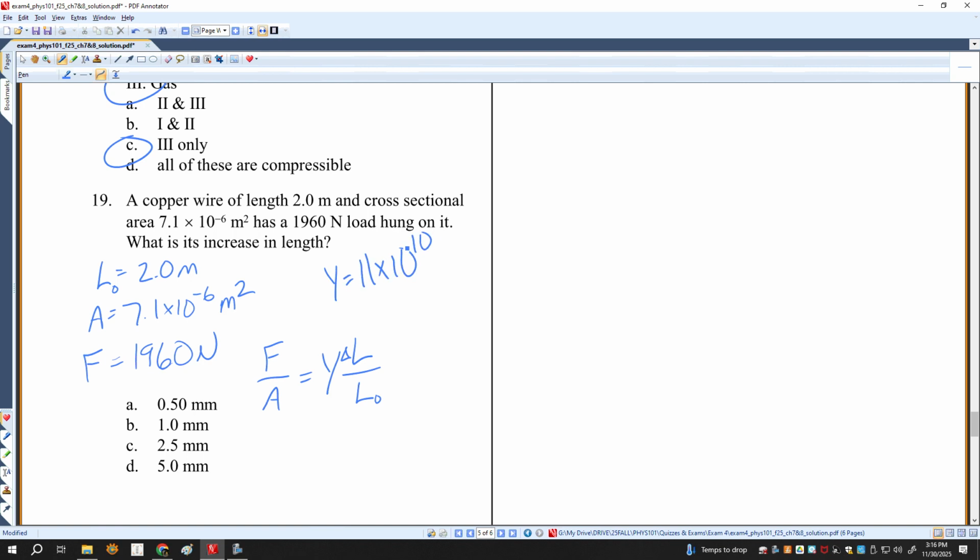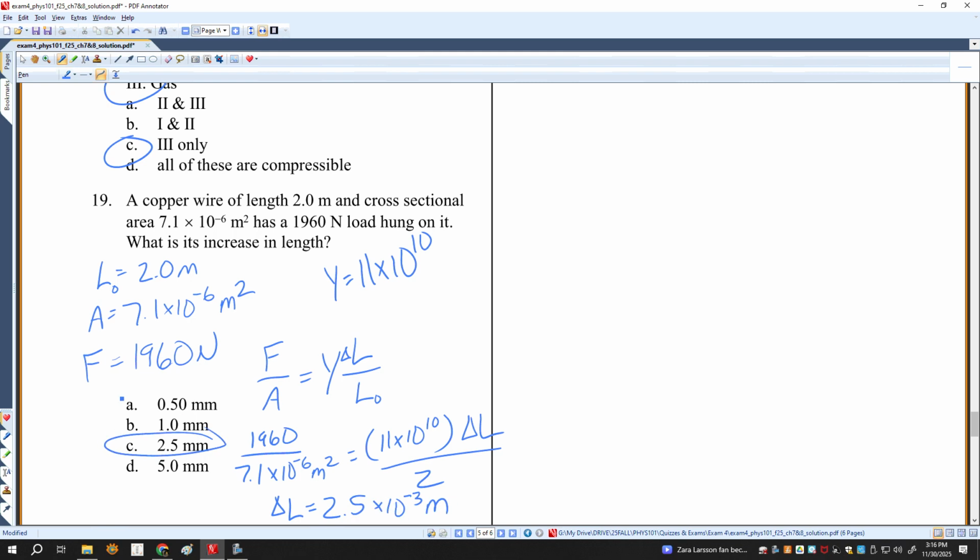So that's going to be 1960 divided by 7.1 times 10 to the negative 6 equals 11 times 10 to the 10th times delta L, which is what I'm looking for, the increase in length, divided by L, which is 2. And if I solve that for delta L, I find that it's 2.5 times 10 to the minus 3 meters, which is 2.5 millimeters.